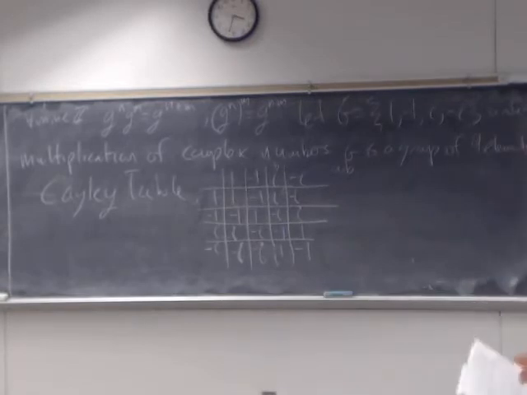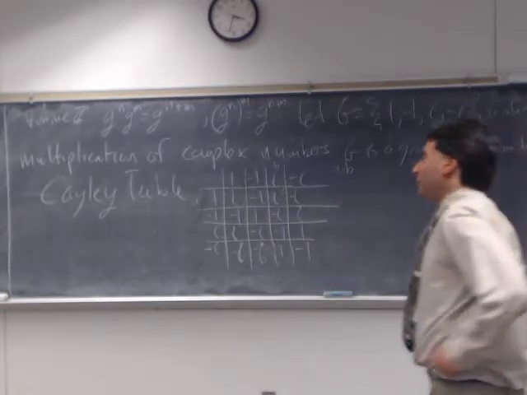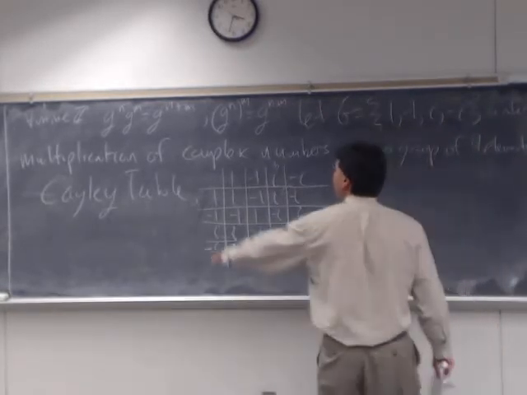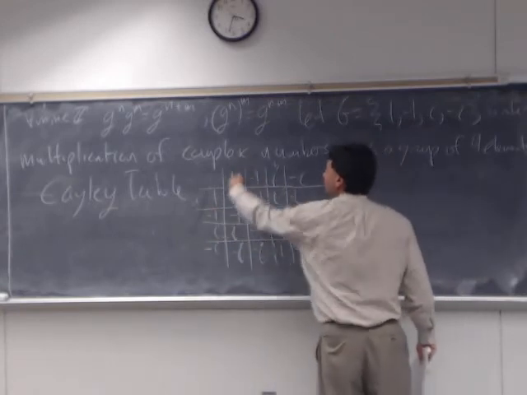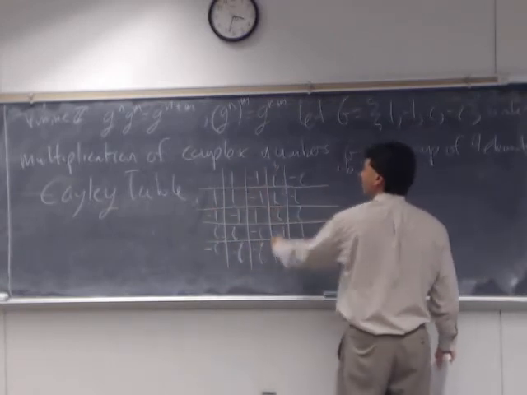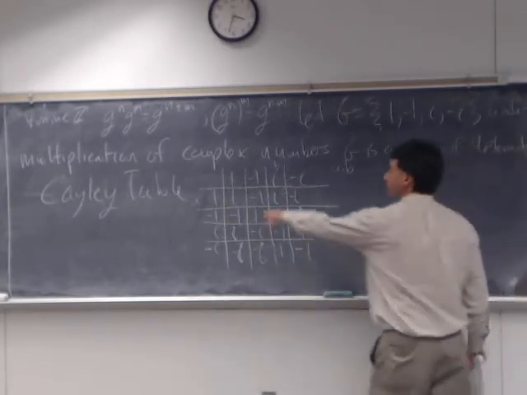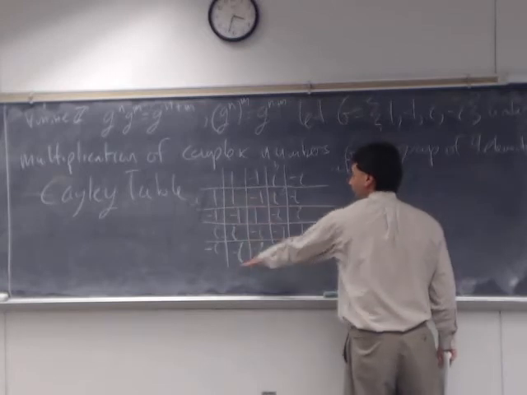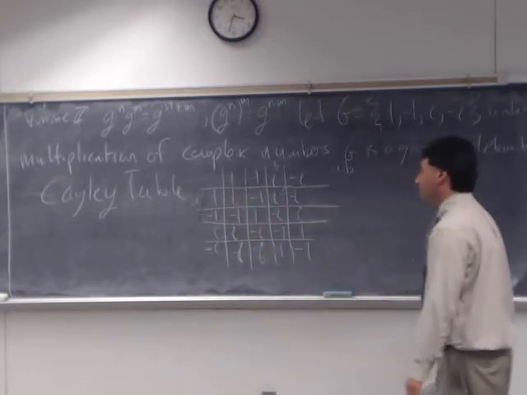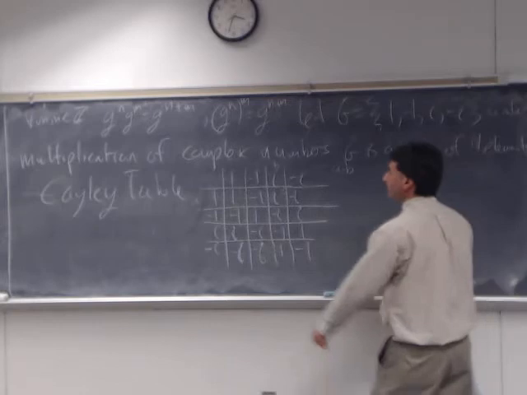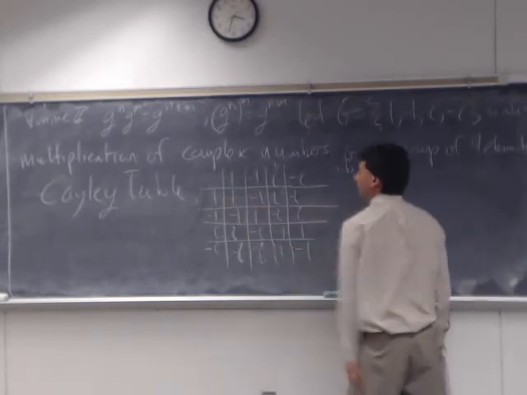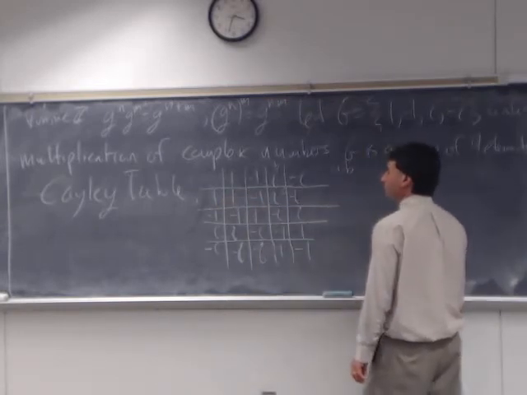So you notice this is like an example of a Sudoku puzzle. If we go down each row and each column, there are no repeated entries. It certainly is closed, right? Everywhere we multiply, we only end up with these 4 numbers. We've got an identity: 1 is the identity of the multiplication.